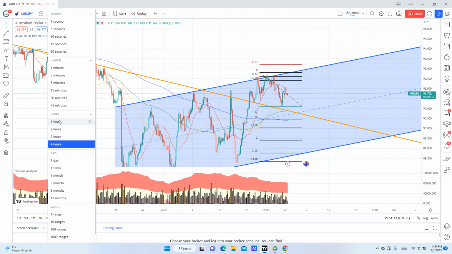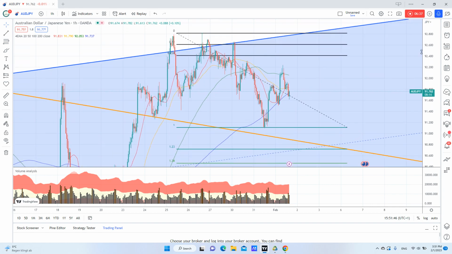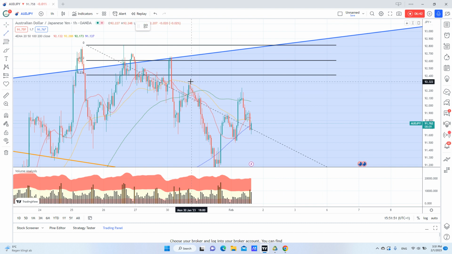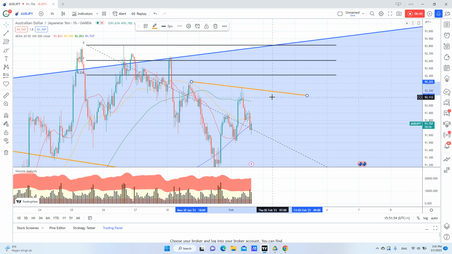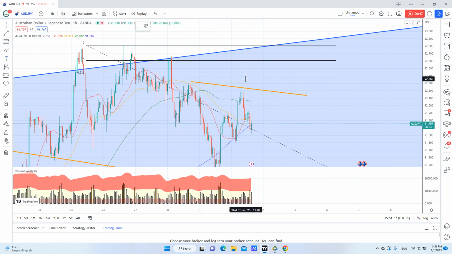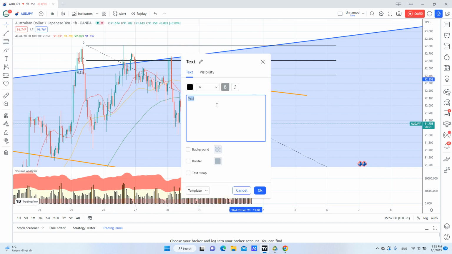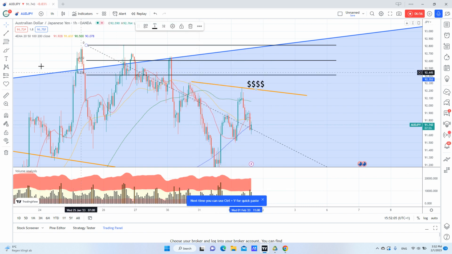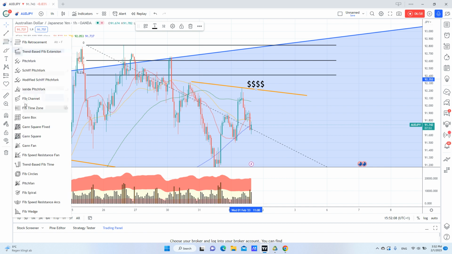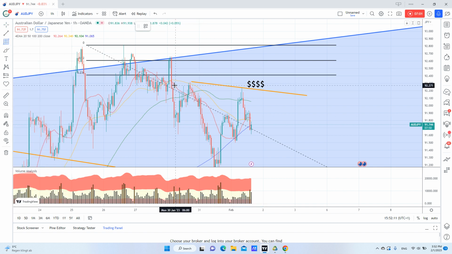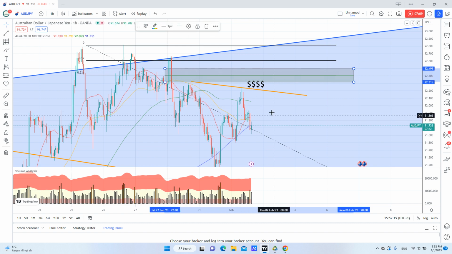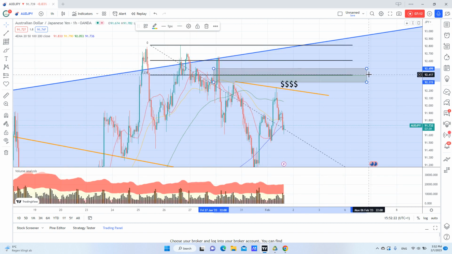And if we go a little bit closer, what we will see here is very nice tops, which also are pools for liquidity. And above it, we will see a very good gap here, which is also confluent with the 77 level.